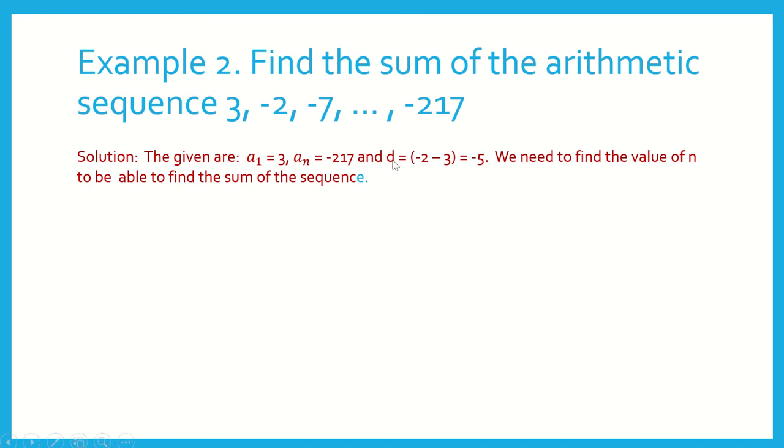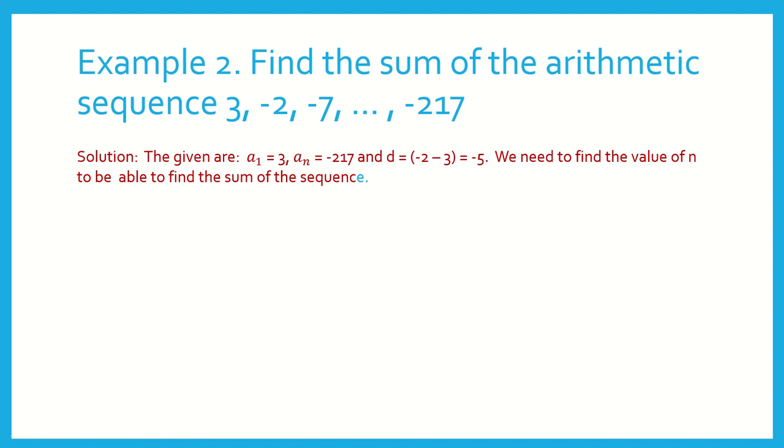To recall about the common difference, please check our other videos about arithmetic sequence. To get the d, we have to subtract negative 2 by 3. Since we know it is an arithmetic sequence already, there will be no issue at all. So negative 2 minus 3 will give us negative 5, which is the value of d, known as the common difference. We need to find the value of n to be able to find the sum of the sequence.